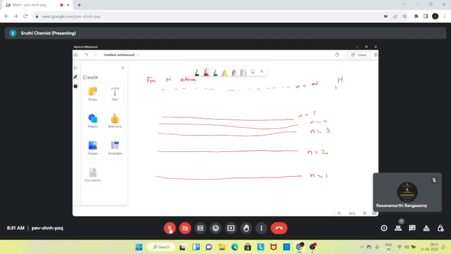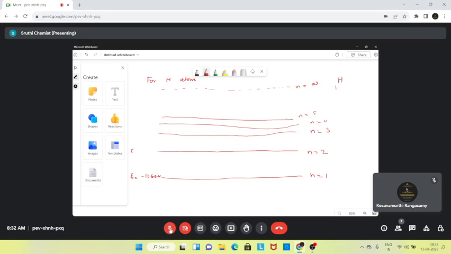The first orbit has an energy of minus 13.6 electron volt. Previously we wrote the formula: energy is equal to minus 13.6 z square divided by n square. According to that, for the hydrogen atom, the energy of the first orbit is minus 13.6 electron volt.